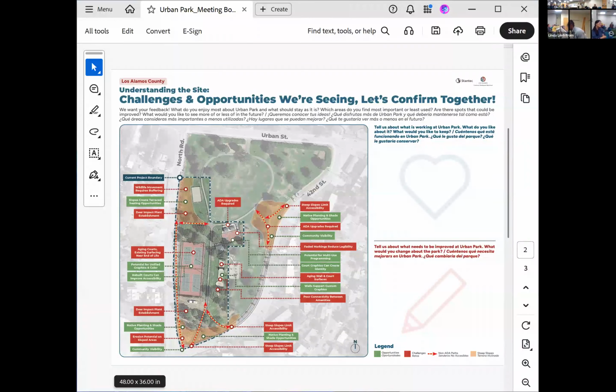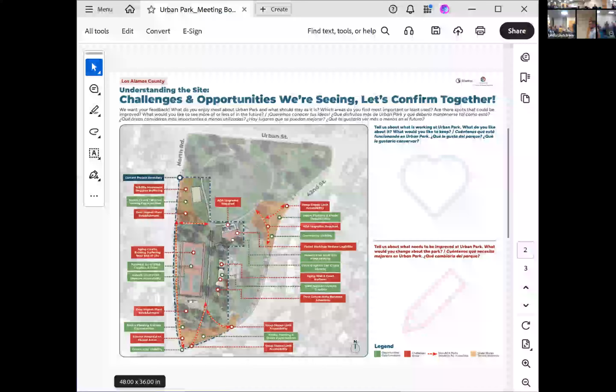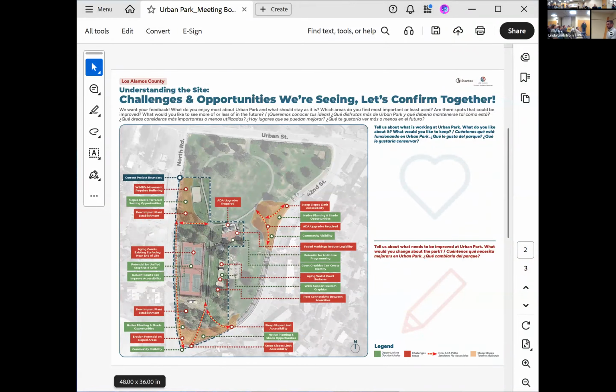If that could be expanded, people come to the park for exercise, so they could park there and walk up to the tennis court or to one of the basketball courts easily. And then maybe restrict parking on North Road. Those are all good points to look at, and that's part of their job to figure out.